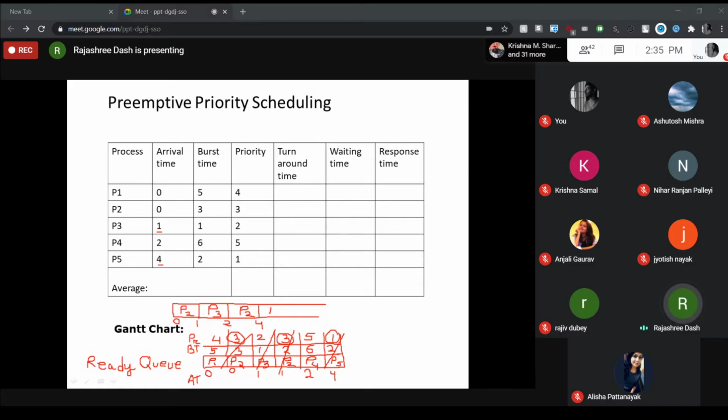So P5 will start its execution at 4. There are no other processes arriving to the ready queue, so simply P5 will continue up to 6.